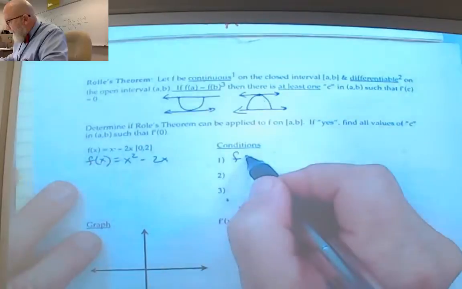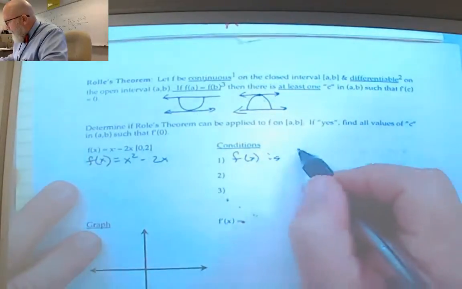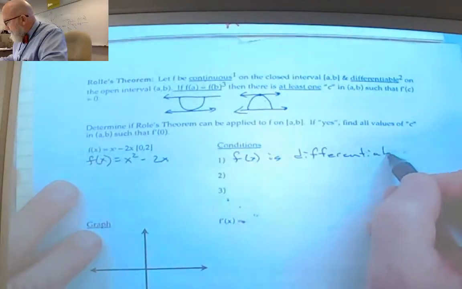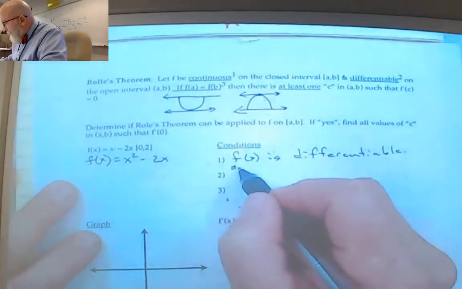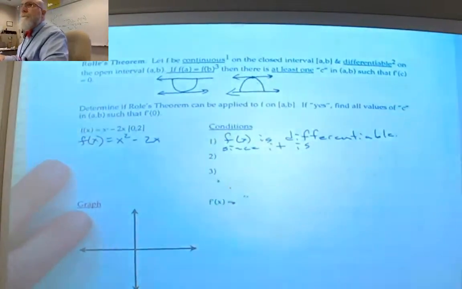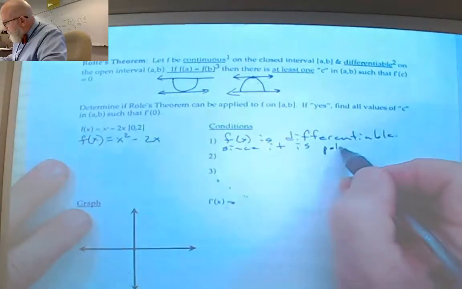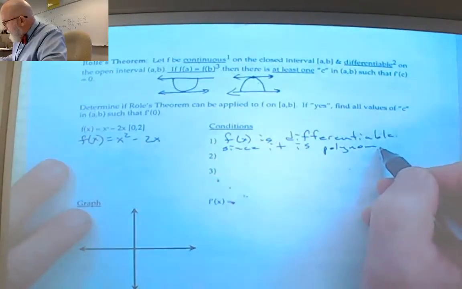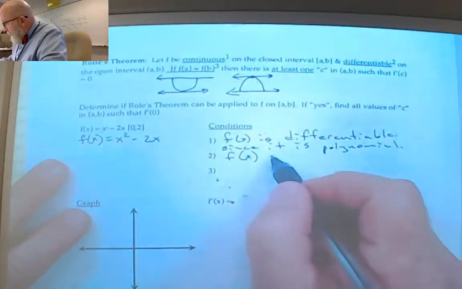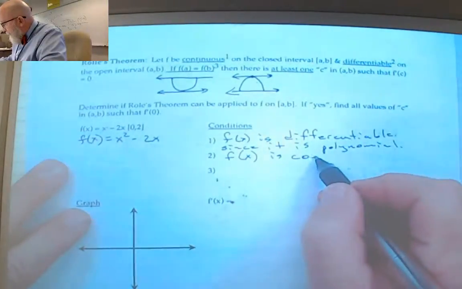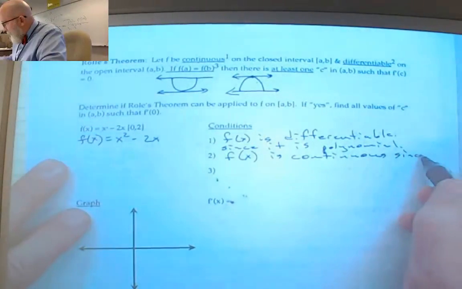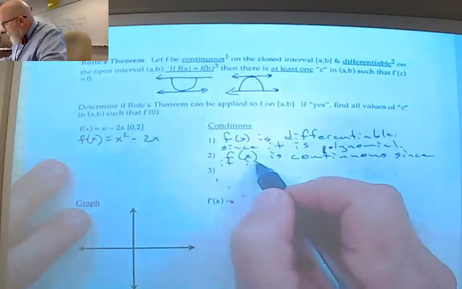F of x is differentiable since it is a what? Bingo. I love polynomials. F of x is continuous since it is differentiable.